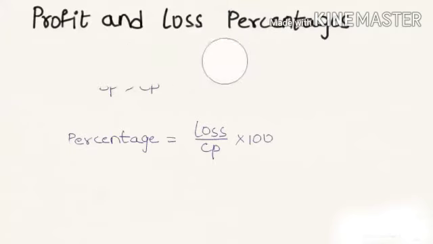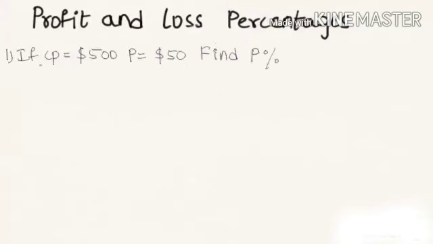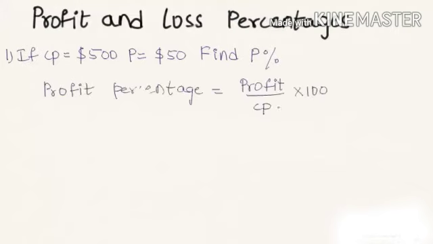Let us solve an example. If CP is equal to $500 and profit is equal to $50, find profit percent. The formula for the profit percent is equal to profit by CP into 100. By substituting the given values in the formula, profit, that is 50, and CP, that is 500.